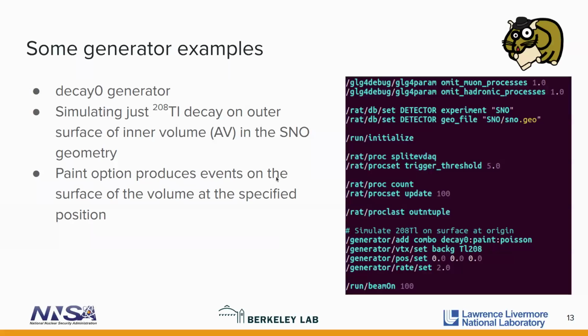So it paints sort of the outer surface of the volume you specify. So 000 is sort of the inner D2O in the snow geometry. And so it paints the outside of that volume, which is basically the acrylic vessel in the snow geometry. So this allows you to simulate things on a surface.